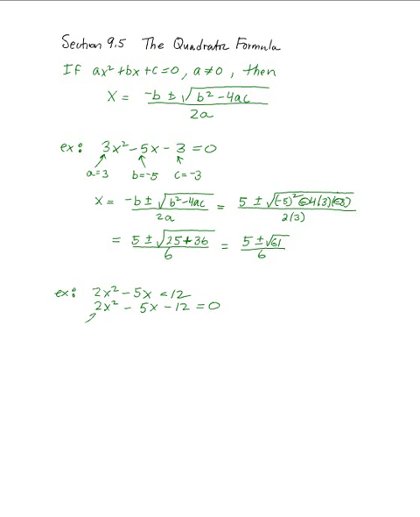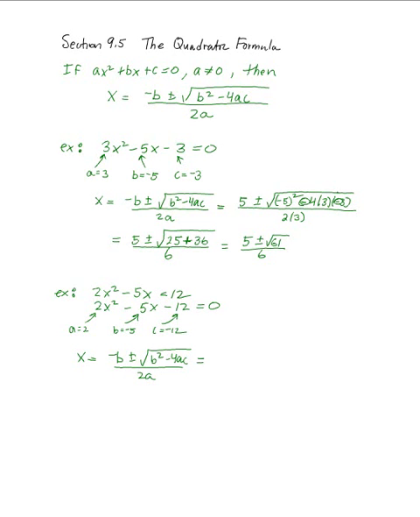All right, so again, I pick out my numbers here. A is 2, B is -5, and C is -12. All right, x equals -b plus or minus the square root of b squared minus 4ac all over 2a. If you write that formula down 3 or 4 or 5 times, you'll probably memorize it by accident. That's why I'm writing it down, so you hear it over and over again.